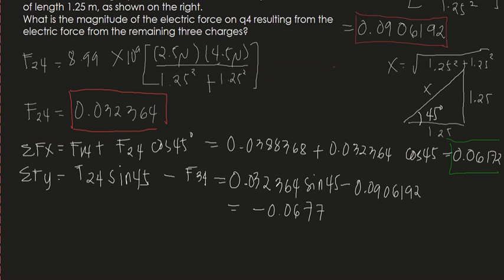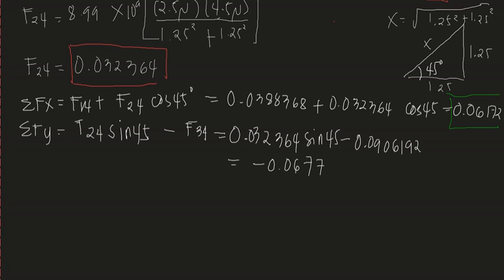In order to find the force acting on our fourth charge, we need the magnitude and direction. To solve for the magnitude, the force acting on charge 4 is equal to the resultant.